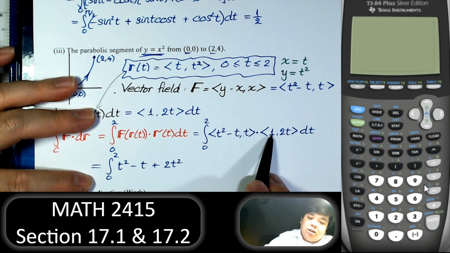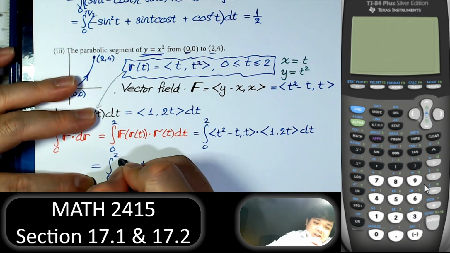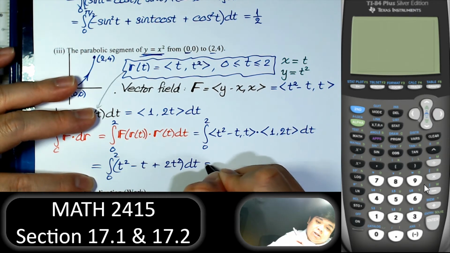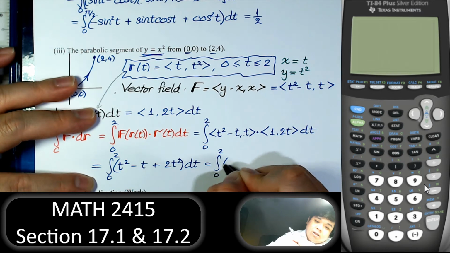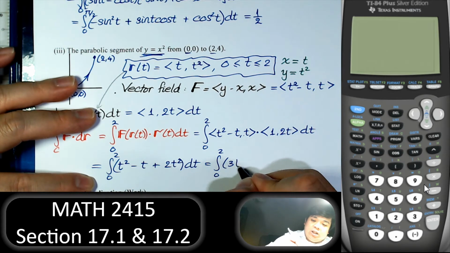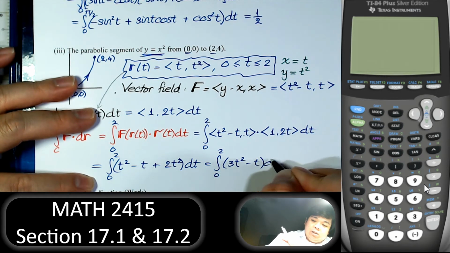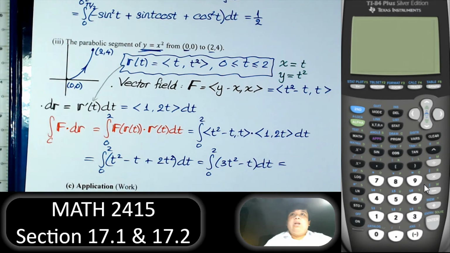This times 1 plus t times 2t. 2t squared and t squared, 3t squared. I might just use a calculator here.